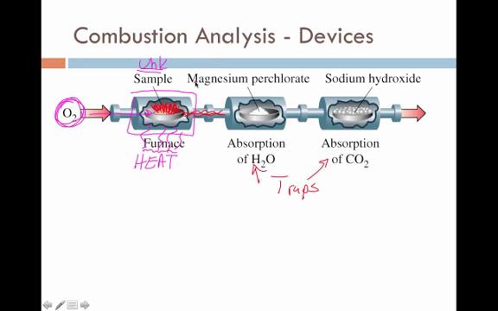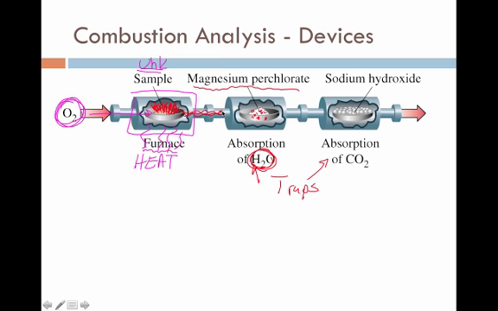For example, the first trap contains magnesium perchlorate. The purpose of having this magnesium perchlorate is that it reacts specifically with H2O, and that H2O that's going to pass over here is going to get stuck to the magnesium perchlorate molecules that are in here, and it's going to get trapped.